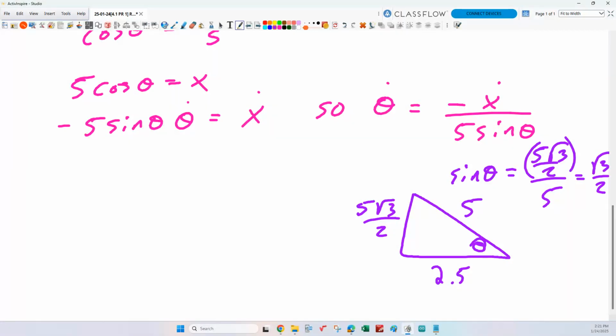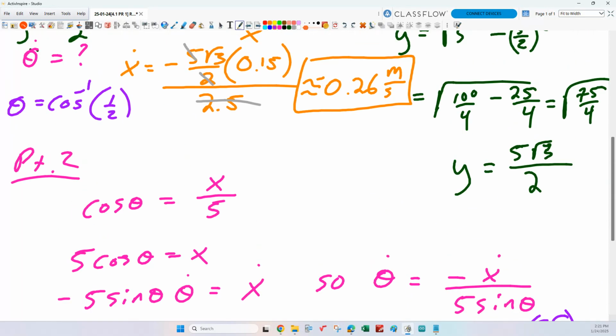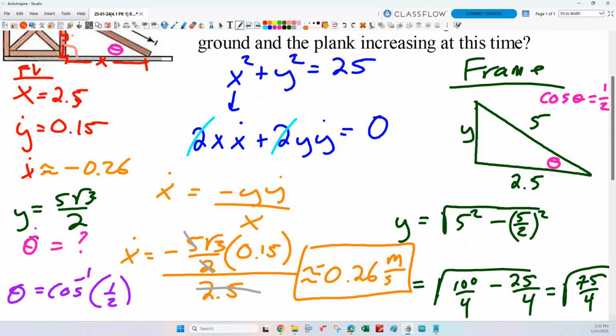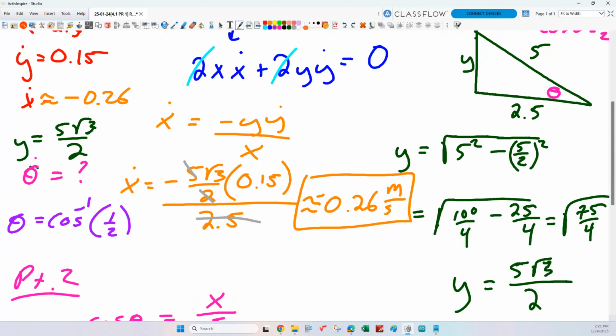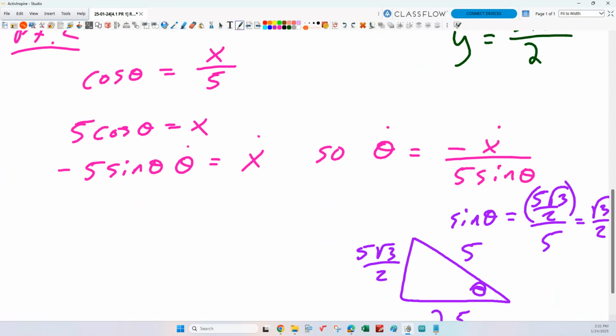Okay. What is that angle too, by the way? 60 degrees. Isn't that 60 degrees? If the cosine of theta equals 1/2, that's 60 degrees, right? Or if the sine of theta equals square root of 3 over 2, we actually know the value of theta. That's one of our familiar places on the unit circle.